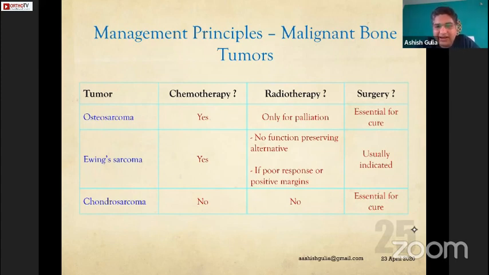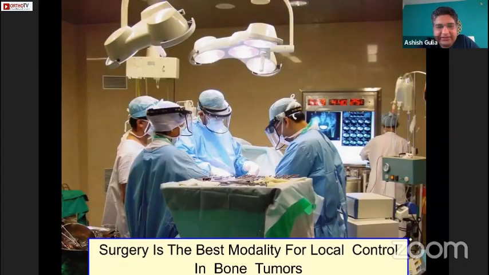So this is, in a nutshell, how the 3 modalities have to be used to treat these malignant bone tumors, and now we'll see them in detail. First, we'll discuss osteosarcoma, and then we'll discuss Ewing's. Now, when we talk about local control, surgery is still the modality of choice, and we use it in most of the tumors.